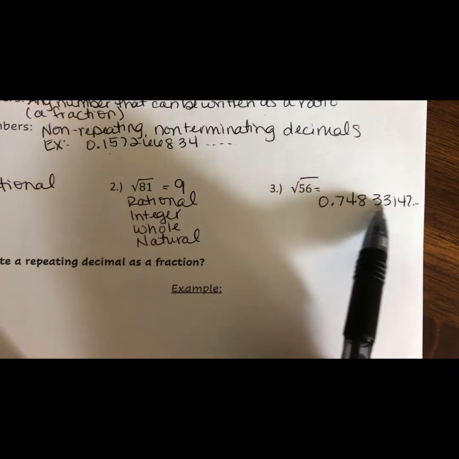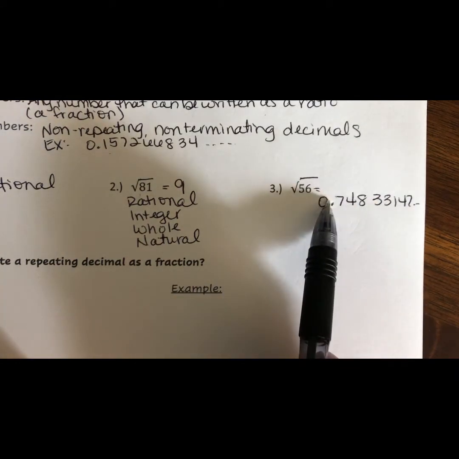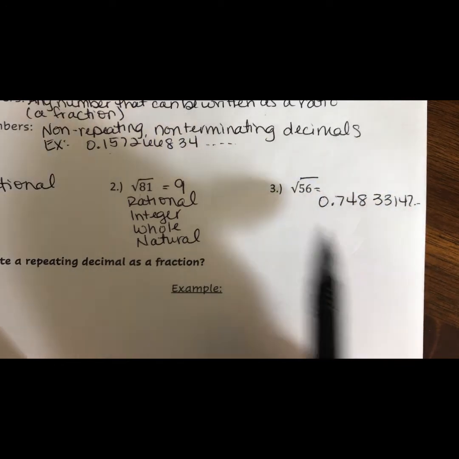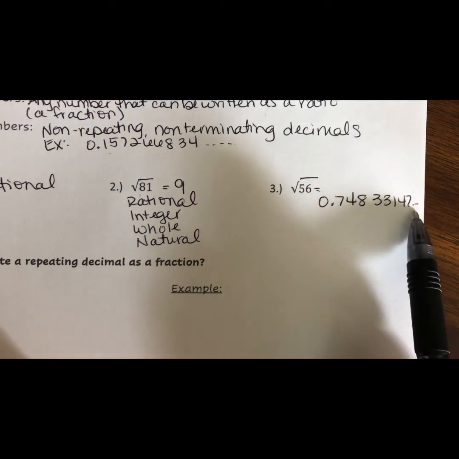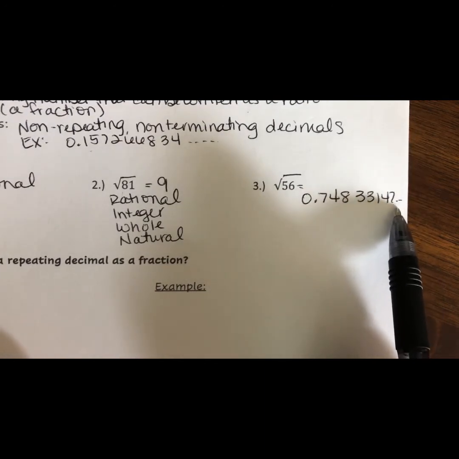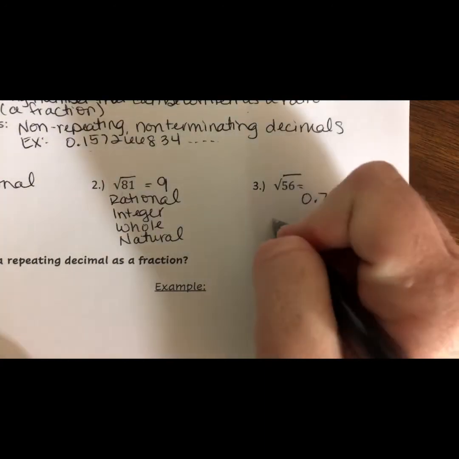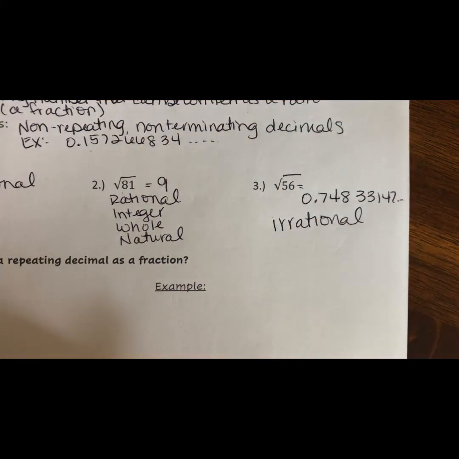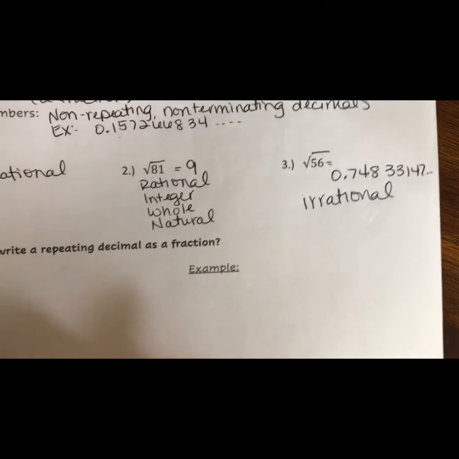I mean, these 3's repeat, but a repeating decimal has the same pattern over and over, the same exact way. So no, there's no repeating portion here. Does it stop? No, it keeps going on and on forever. It fills up your entire calculator. It's a big old messy number, it's irrational. And we're done. There's no other subcategory under irrational.